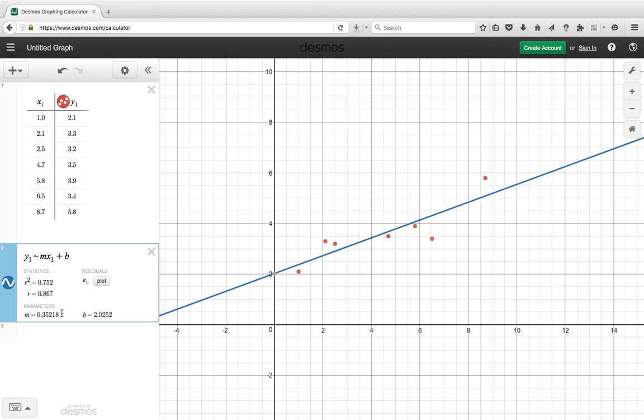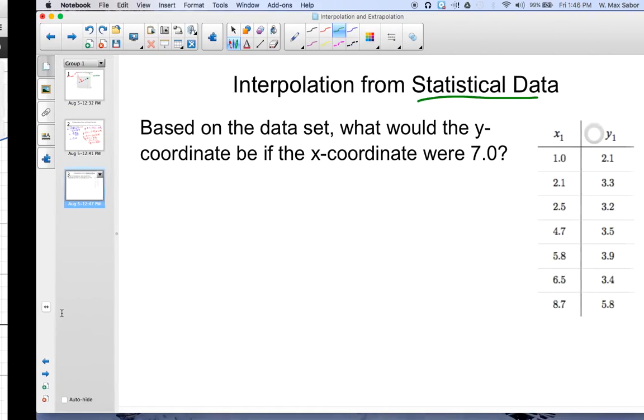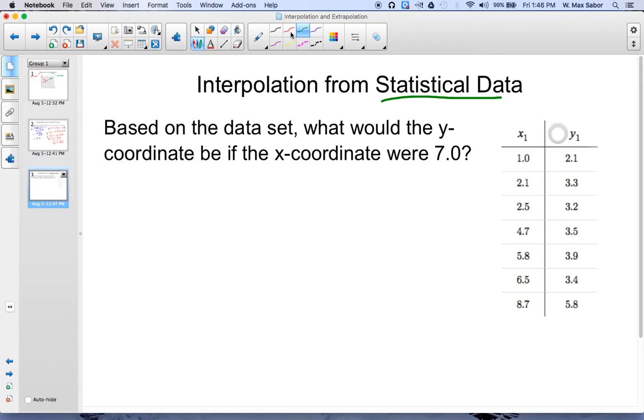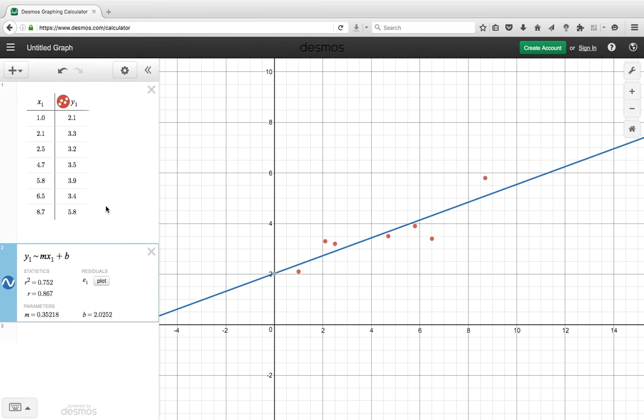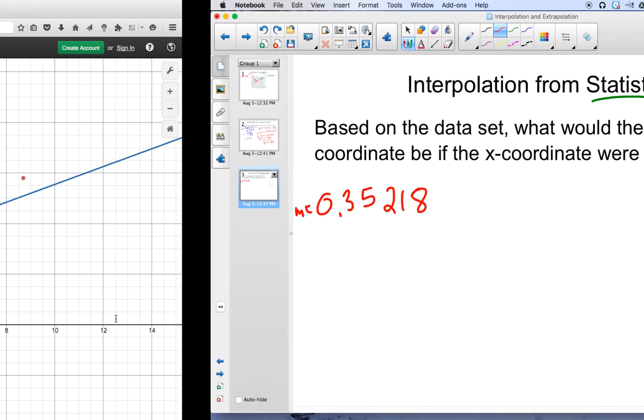Yeah, so that's our slope. I'll write that down. 0.35218, that's m. And our y-intercept is 2.0252.